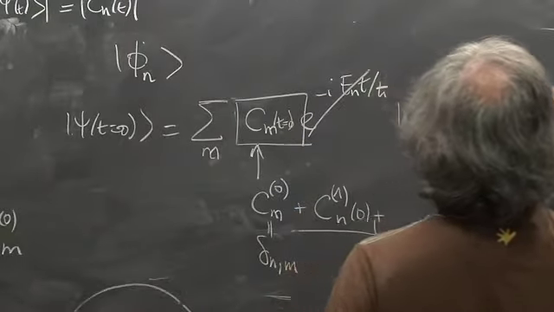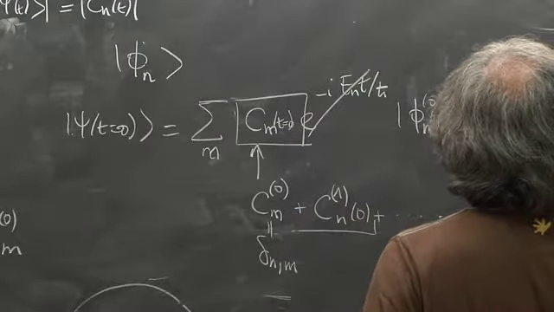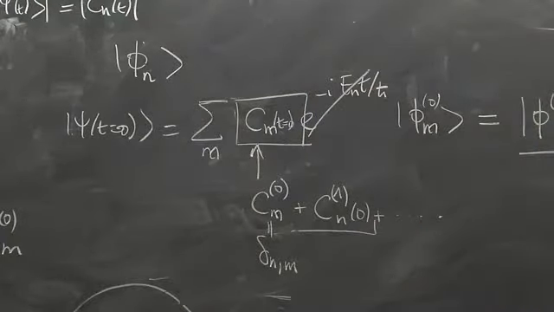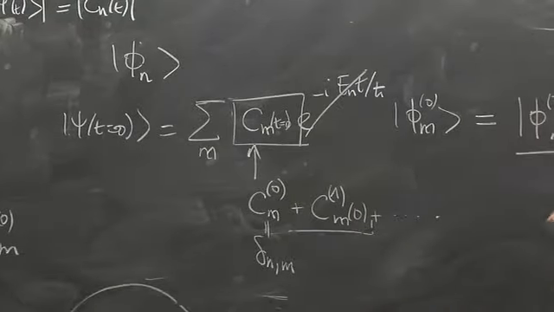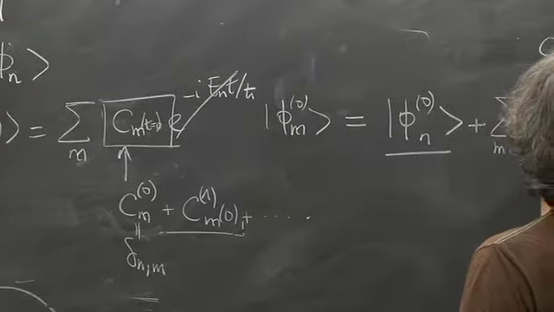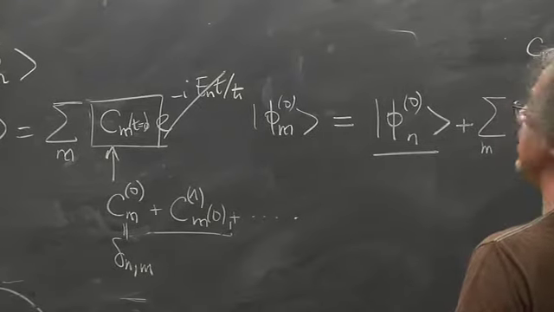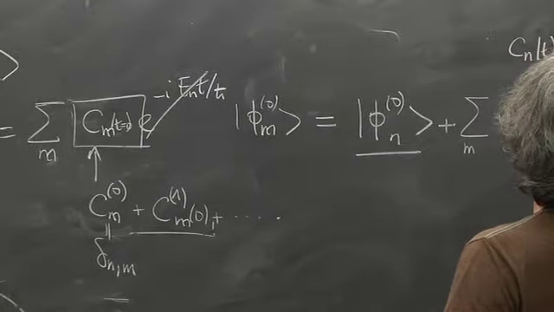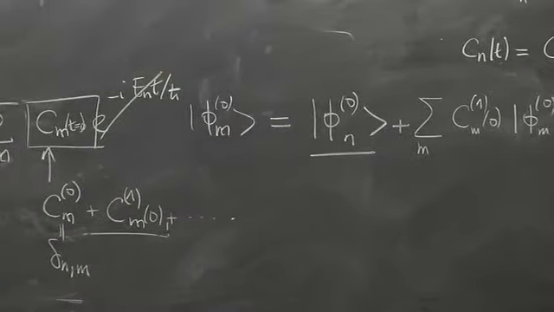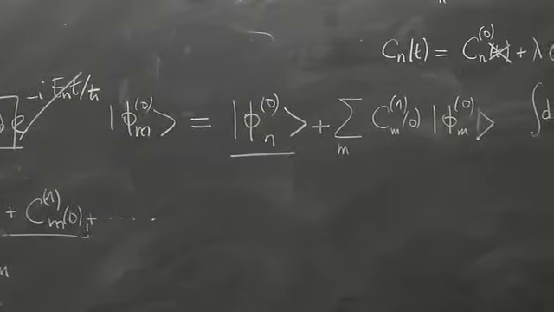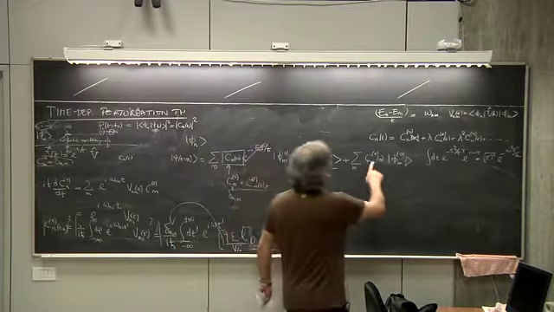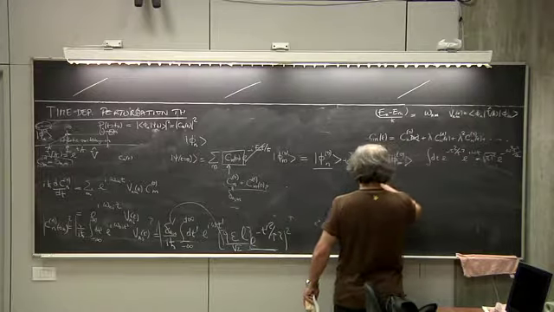And this first term will give me phi0 of n, the initial state I start from. Then I have the second piece, which will give me sum over m of C1m of 0 times phi 0m. So this is the result that I need. By the way, this is only phi m for m different from n.